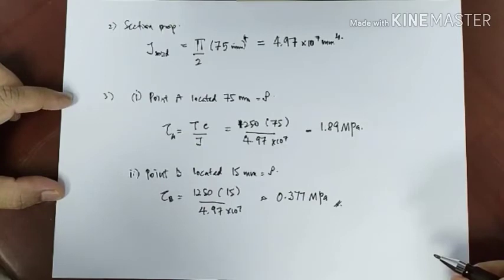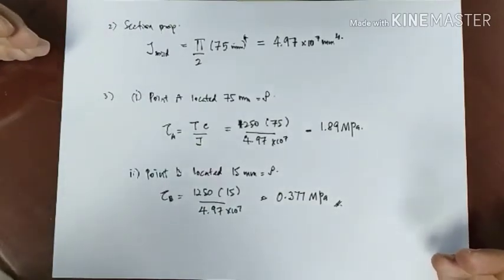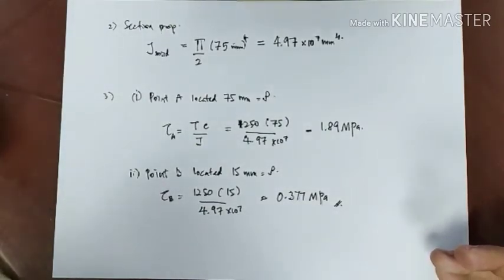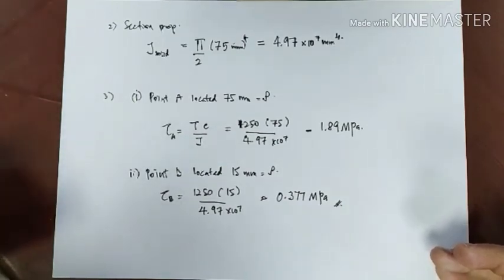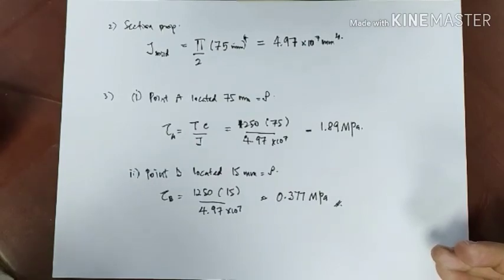Remember the three steps, and also the torsion formula. The section property J, solid or hollow, will determine the success of your problem solving. Thank you.